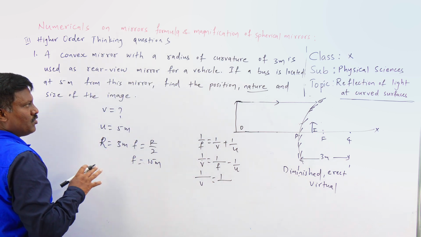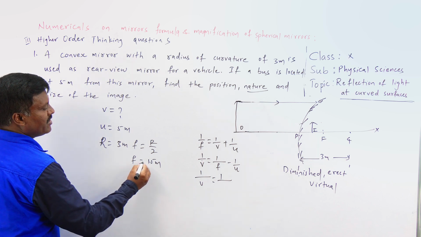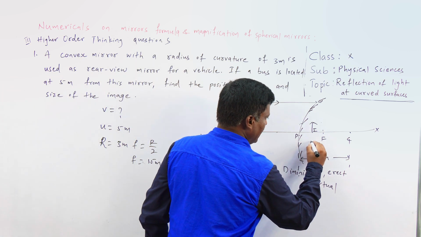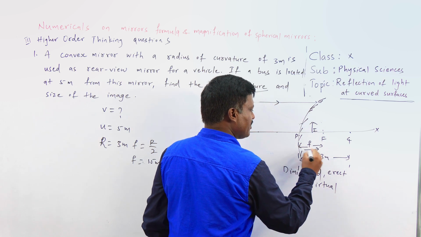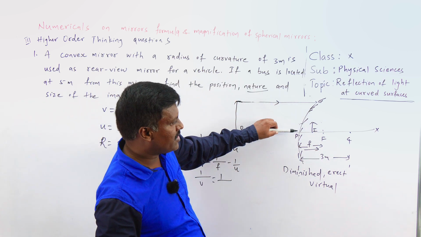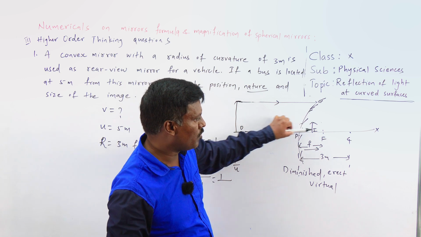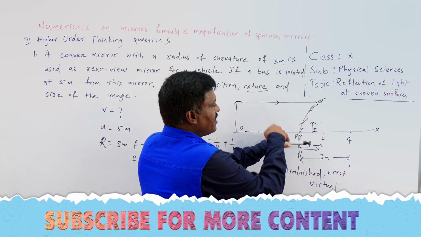But before substituting the values, we have to apply the sign convention. What is the sign convention for the focal length of a convex mirror? This is the real focal length. To measure this focal length, all distances should be measured from the pole, and we have to move from the pole to the focus. This is our direction, along the direction of the incident ray.